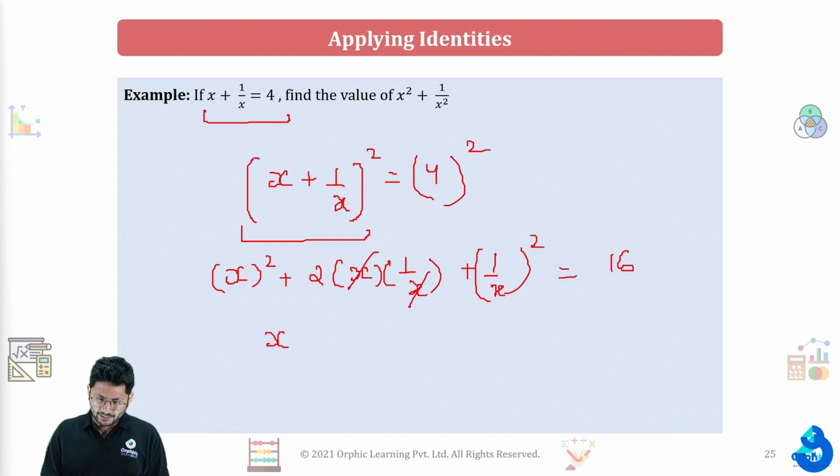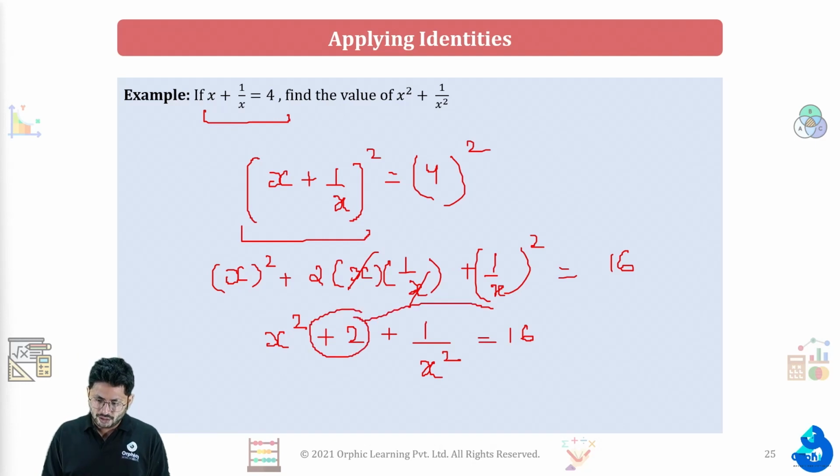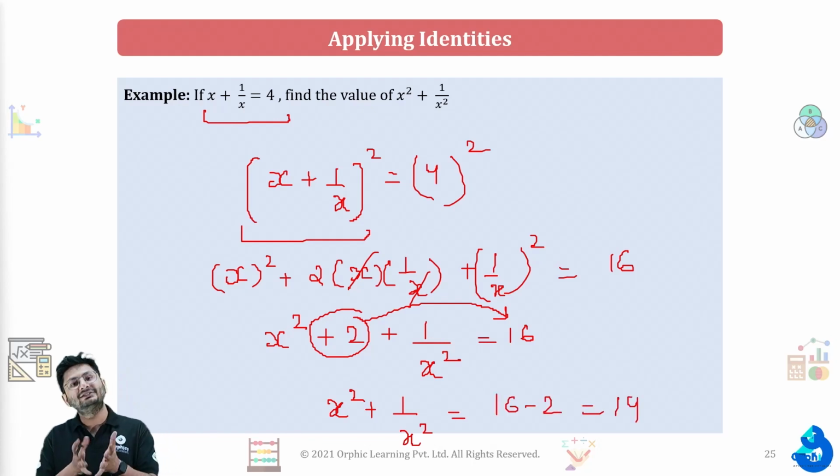So it will become x square plus 2 plus 1 by x square is equal to 16. This positive 2 will transfer to the right hand side, लेकिन negative बन जाएगा. So x square plus 1 by x square will be equal to 16 minus 2, that is 14. That's how we get the value of x square plus 1 by x square.